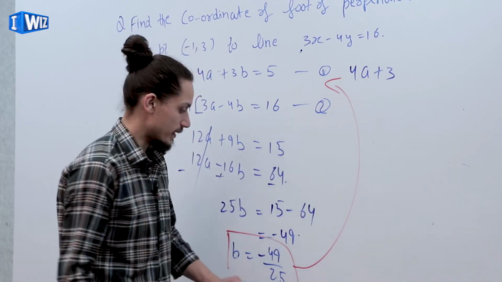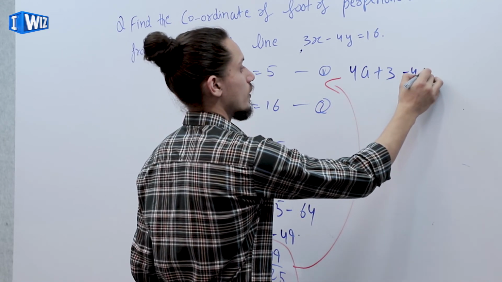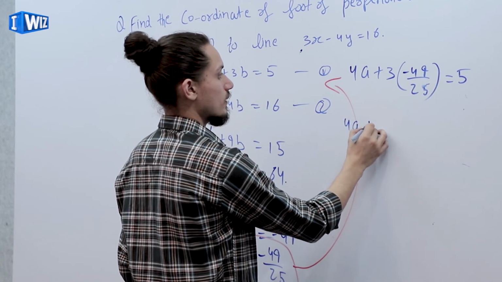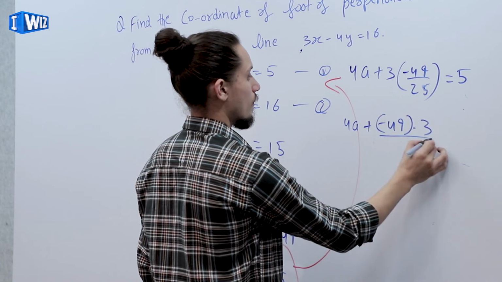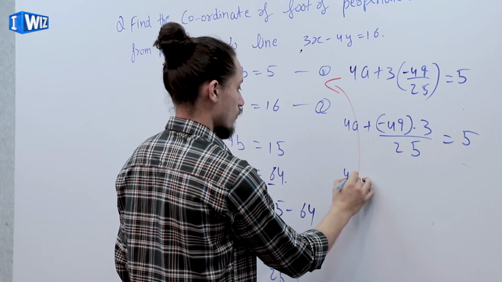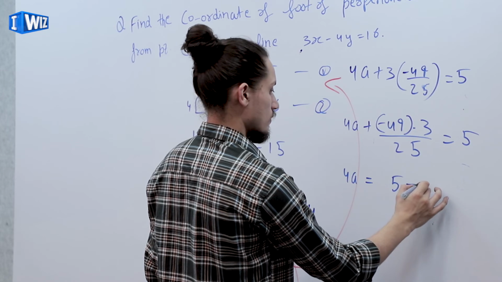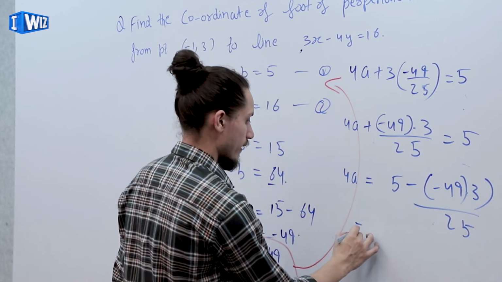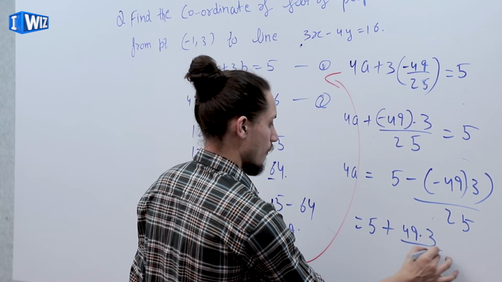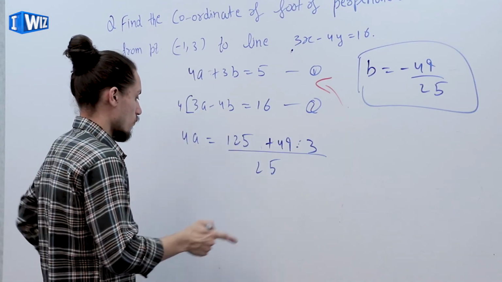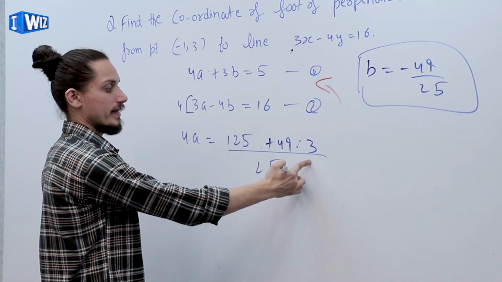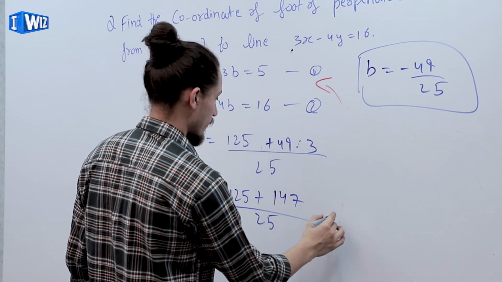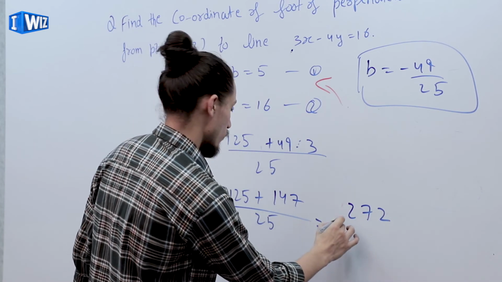So we get 4a plus 3 into (minus 49 upon 25) is equal to 5. So 4a plus 49 into 3 upon 25 is equal to 5, or 4a is equal to 5 minus of 49 into 3 upon 25, that is 5 plus 49 into 3 upon 25. अब LCM लेंगे, so this implies (125 plus 147) divided by 25, which is equal to 272 divided by 25.